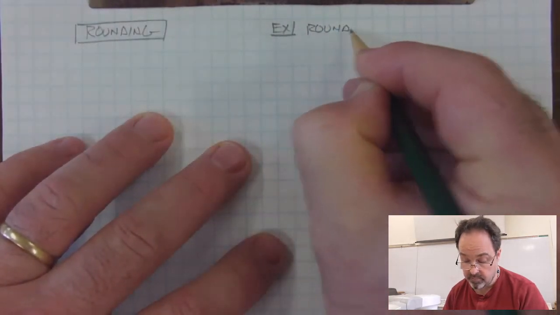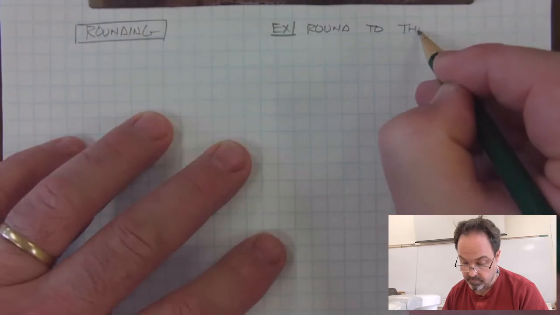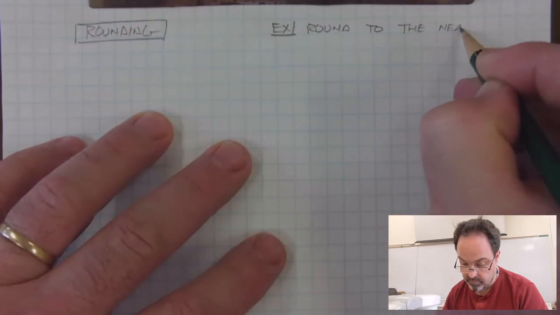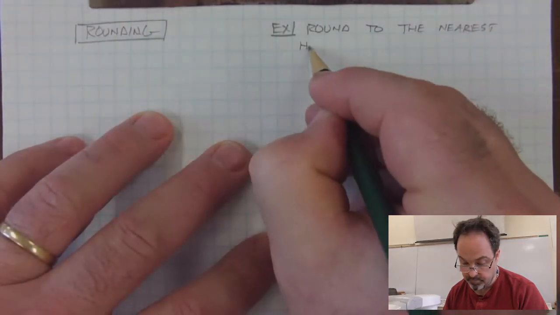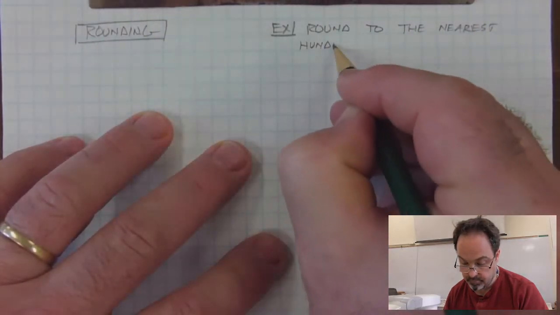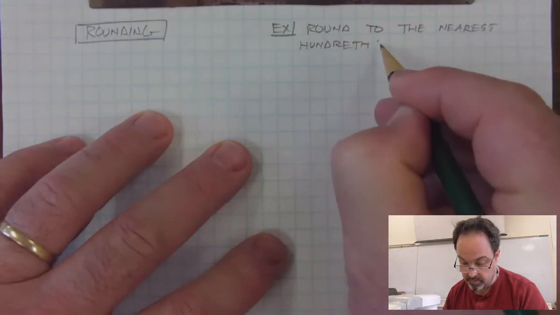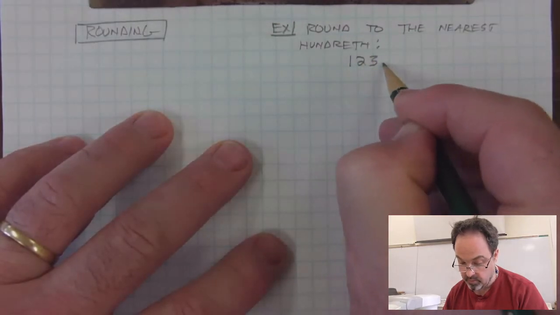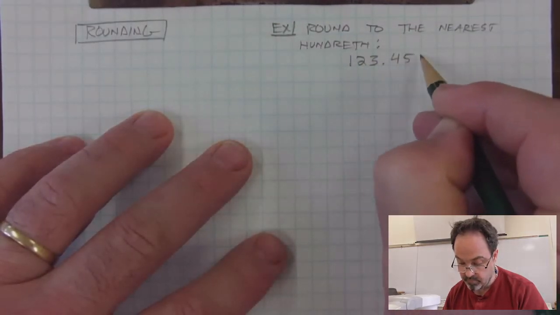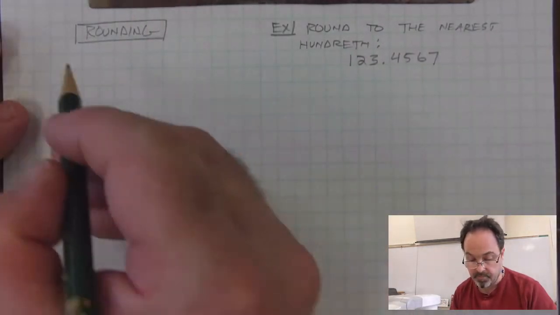We could be asked to round to the nearest hundredth and be given a number to work with, 123.4567 in this case. How do we do that?